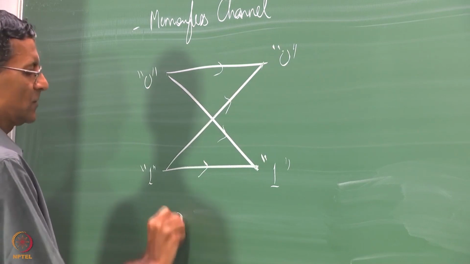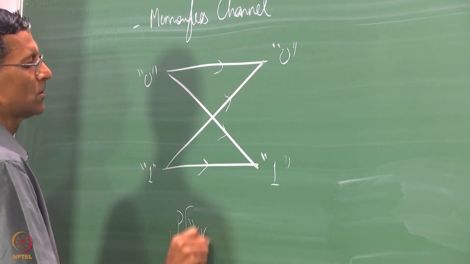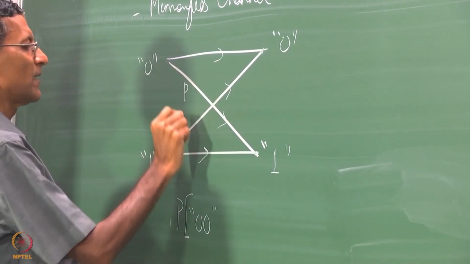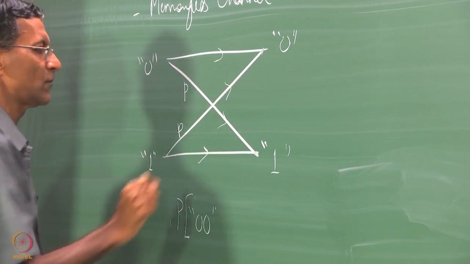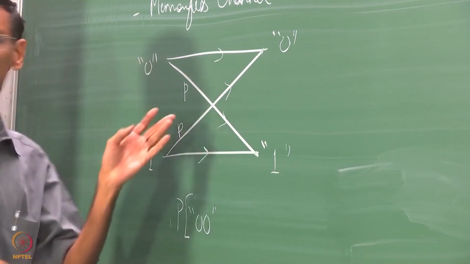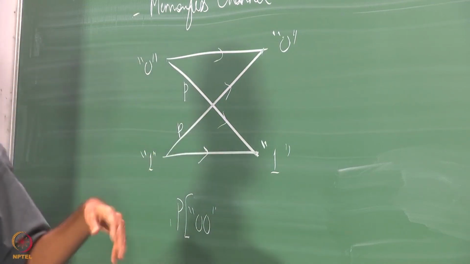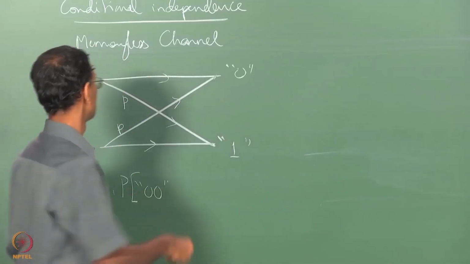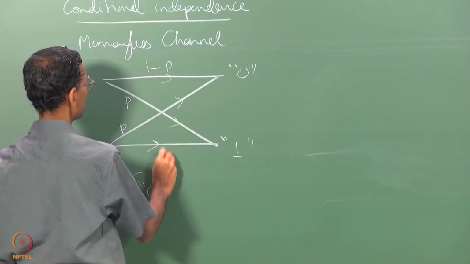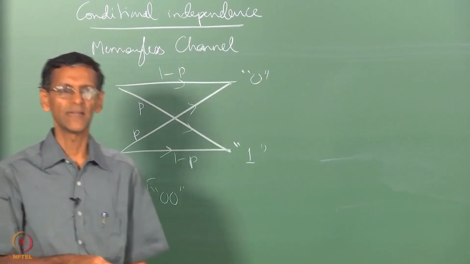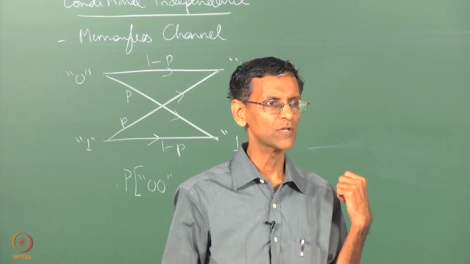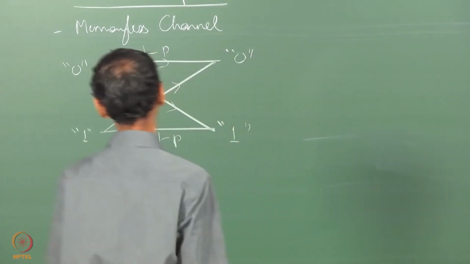Let me put some symbols here. This small p will represent the crossover probability, the probability of receiving 1 given 0 and receiving 0 given 1, so that these are 1 minus p and 1 minus p. Did I use this notation yesterday? No, okay, so let's use it today.